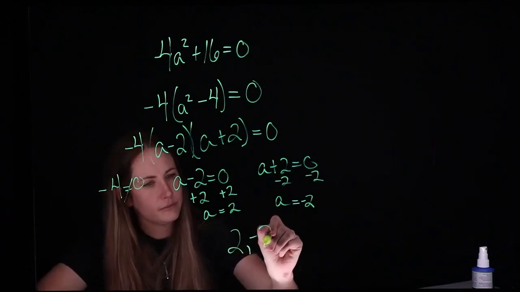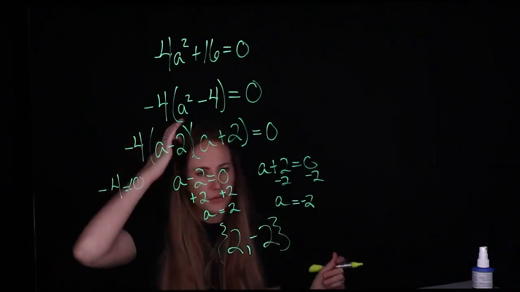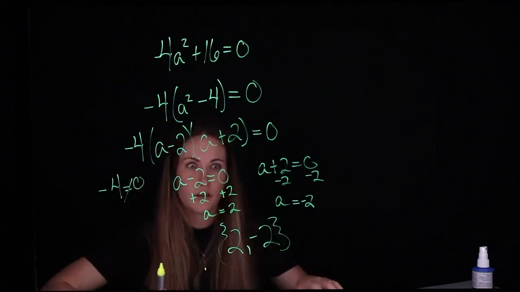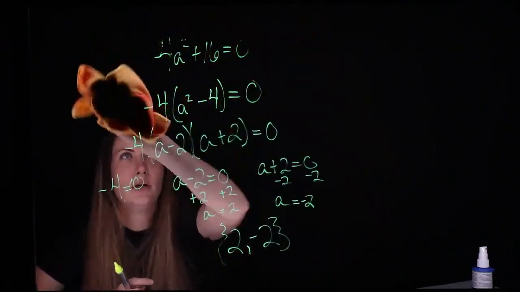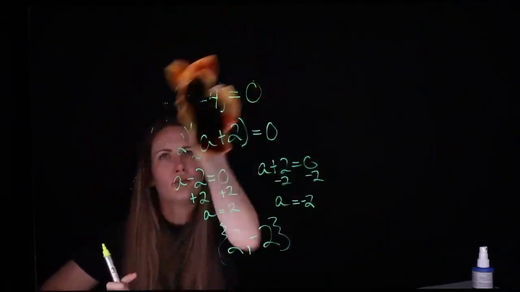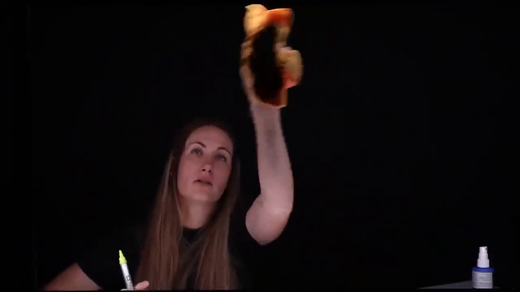That would be that the graph is stretched by 4, and the negative would mean it's reflected. But we're not there yet. So our solution to this would be 2 and negative 2. We're going to start doing the reflections and stretches in chapter 3, I believe. And we'll also be using these factoring techniques to mark our zeros on our graphs.